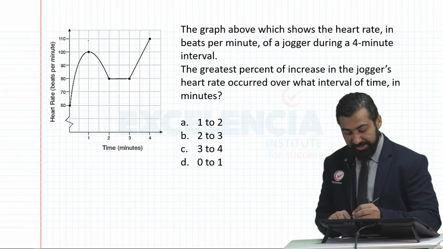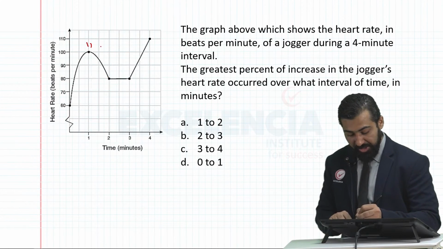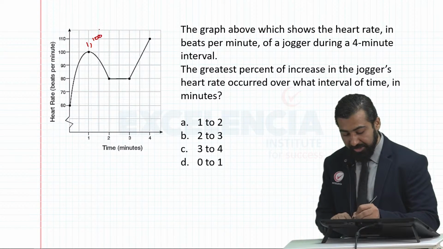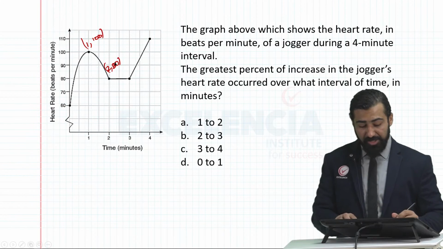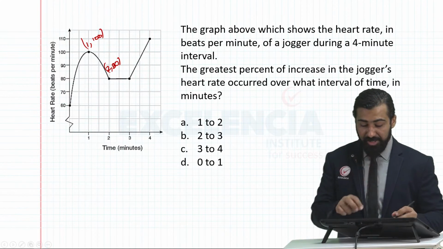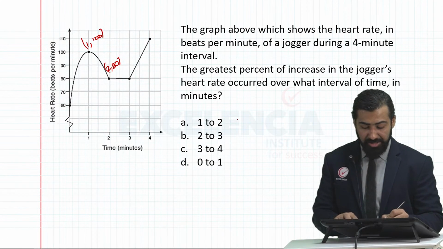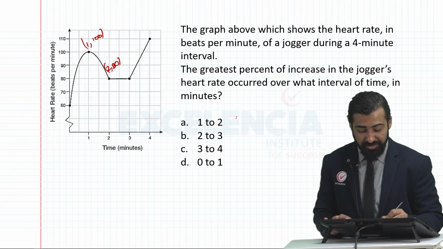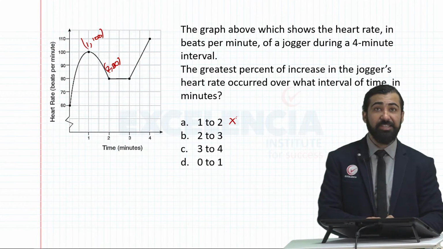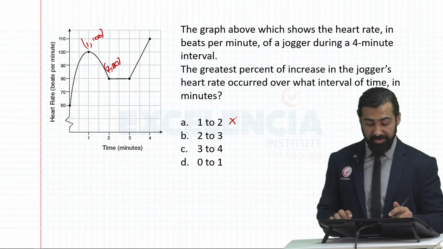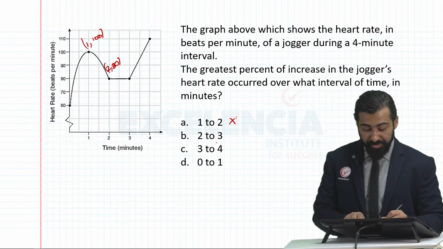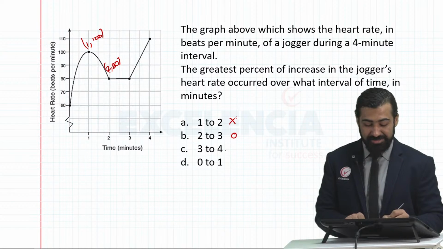The coordinates are 1 comma 100, and coordinates of this are 2 comma 80. So the increase will come out to be 80 minus 100 divided by 2 minus 1. So this is a decrease. In fact, I shouldn't even have considered this. This is a decrease in heart rate, but we are only looking at increase. 2 to 3, it's a constant, so here it's 0.